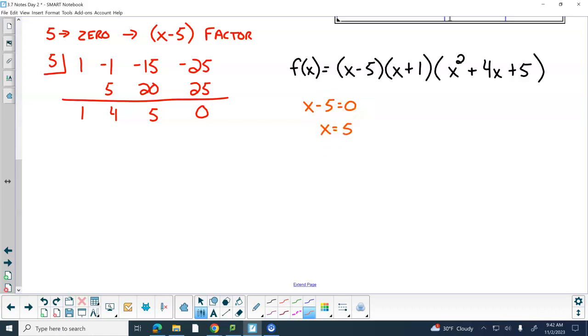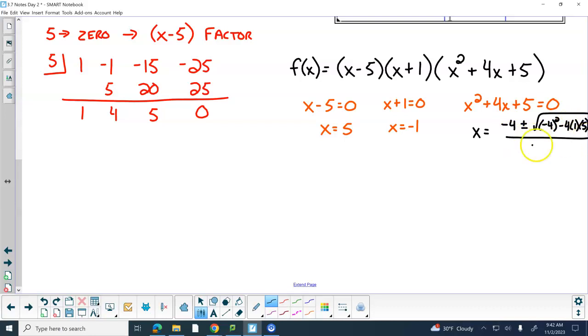So there's my 5. There's my negative 1. We found those two from the graph from the start. Okay? So we've got x equals negative 4 plus or minus the square root of negative 4 squared minus 4 times 1 times 5, all over 2 times 1.